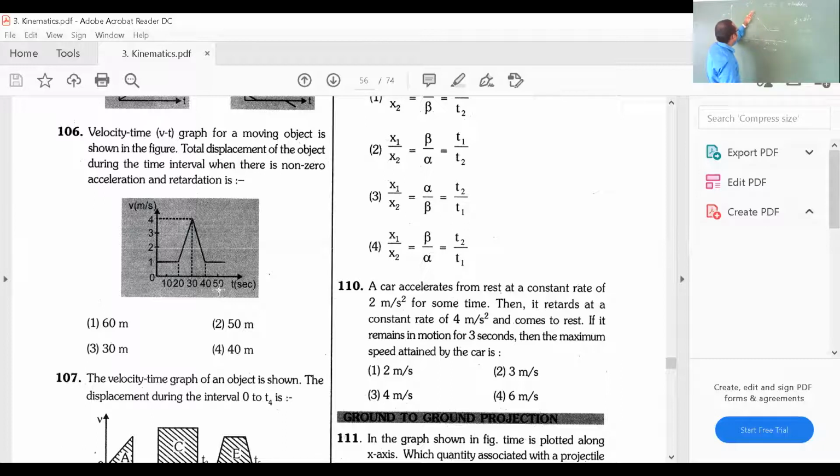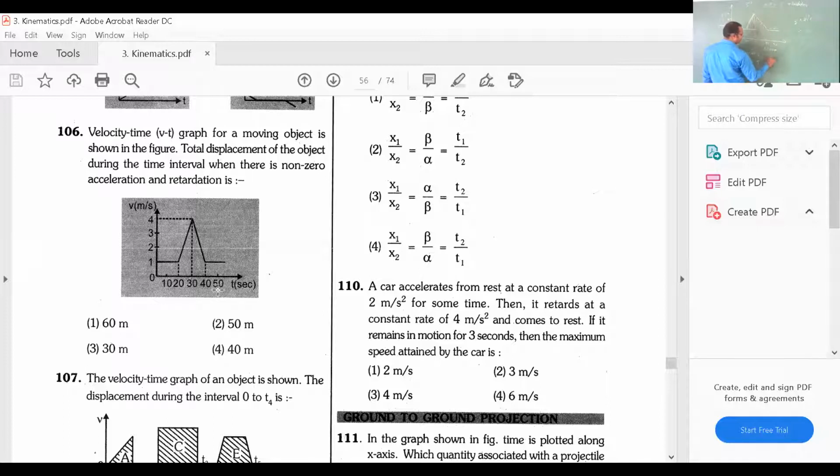Here positive acceleration is there. First let us calculate only this area, the area under this curve. Half into base, base is 10, into height. Height is 1 to 4, which is 3. Half of 10 is 5, and 5 threes are 15.